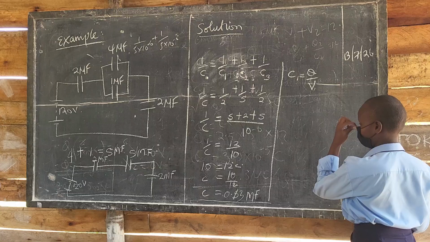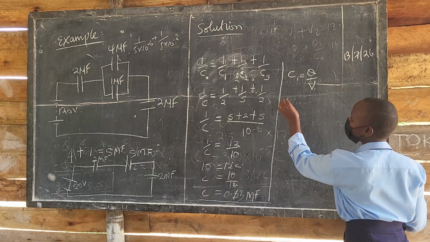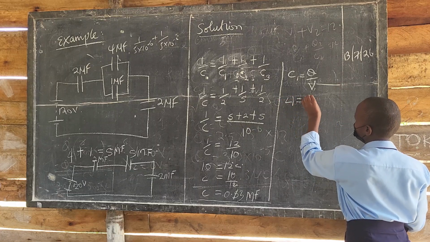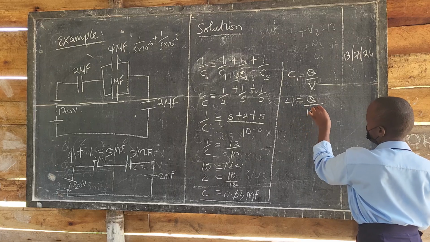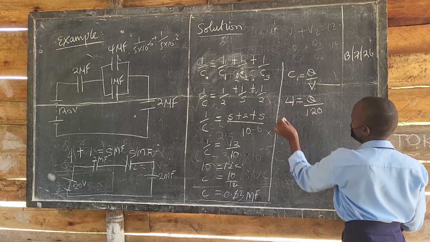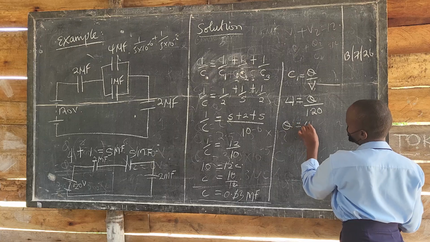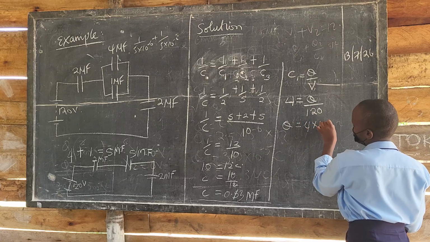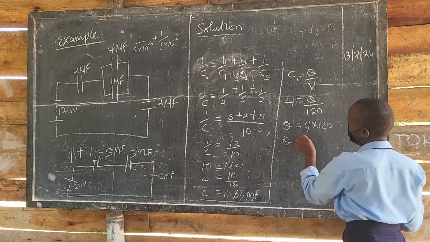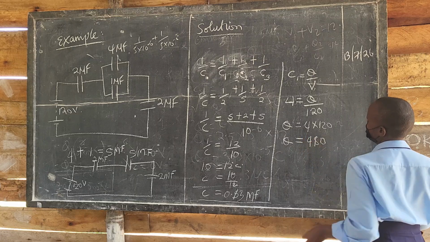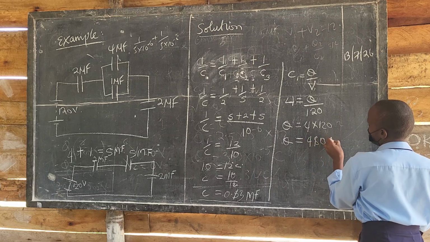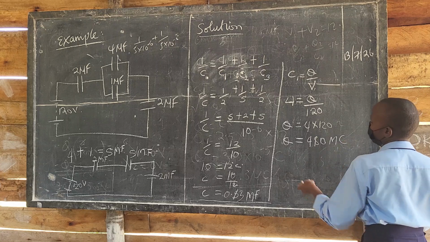So here I have 4 equaling Q out of 120. I have Q equaling 4 times 120. Here Q will be equaling 480 microcoulomb.